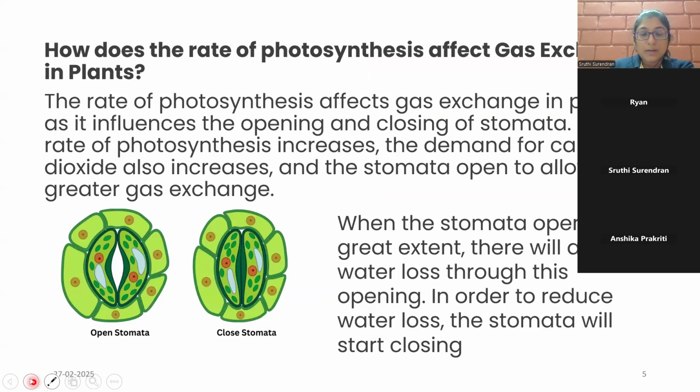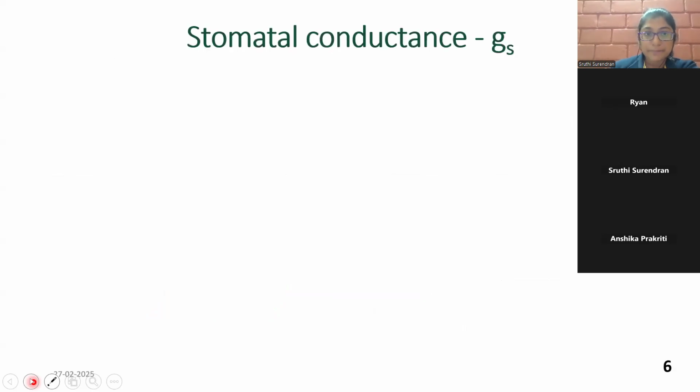So we see that stomatal conductance is a process that is going to influence both the photosynthesis as well as transpiration rate. It is the opening and closing of the stomata that is resulting in some amount of carbon dioxide being taken from the atmosphere and some amount of water being lost back into the atmosphere from inside the leaf.